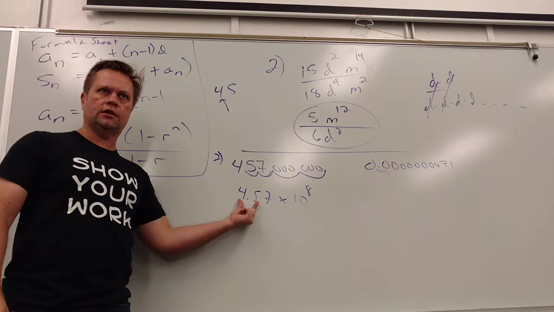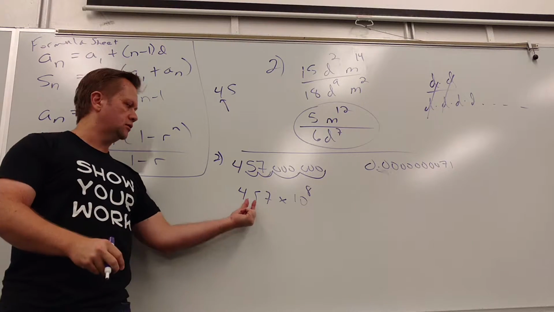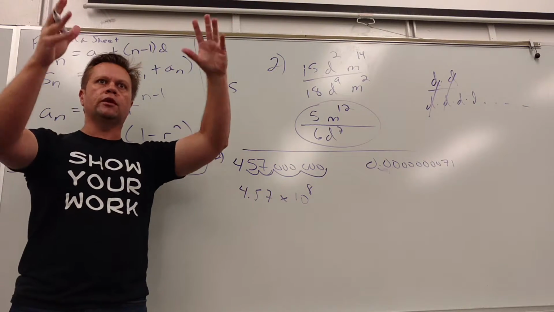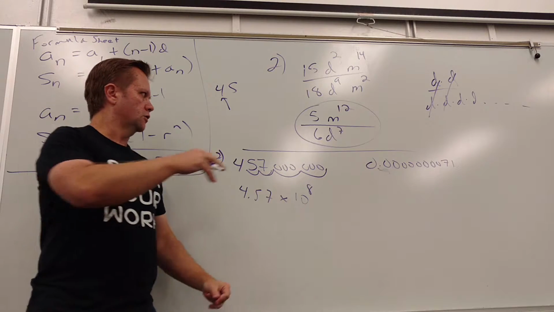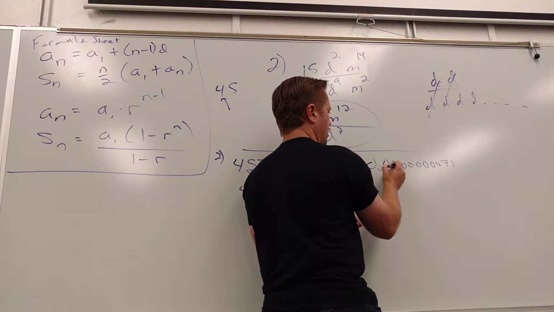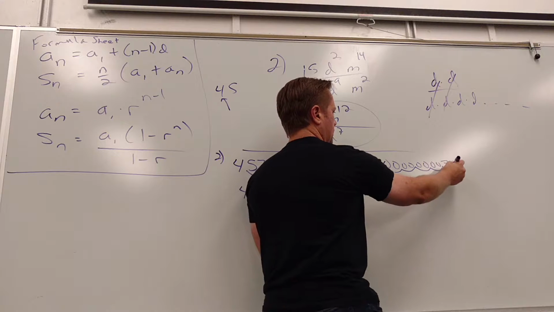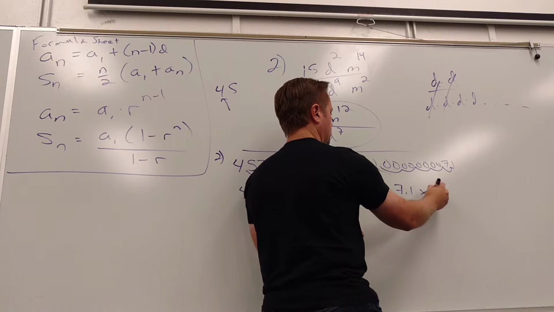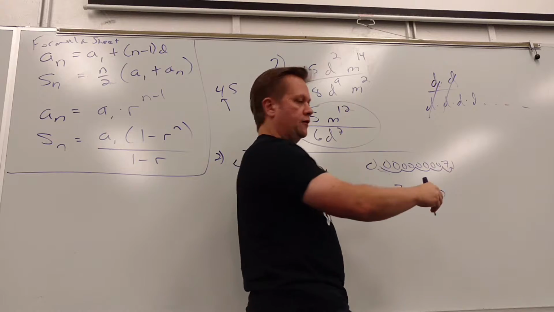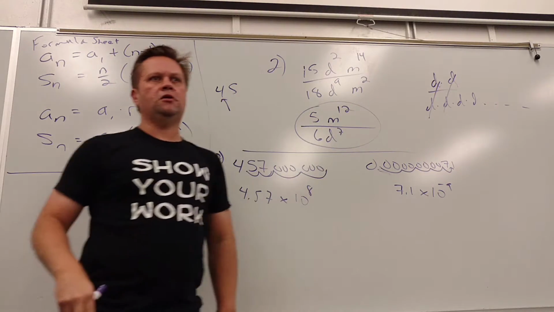So that's why this has always got to be a single digit dot whatever times 10 to the whatever. That's the form it's got to be in. So here it's going to be eventually get there. So how many times you got? 2, 4, 6, 8, 9, 7.1 times 10 to the negative 9 because it was a small number.